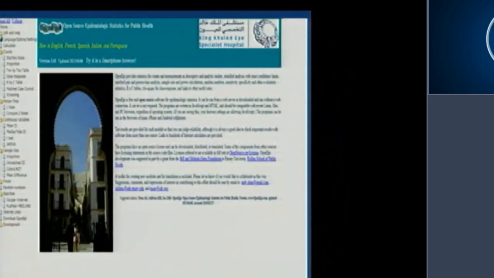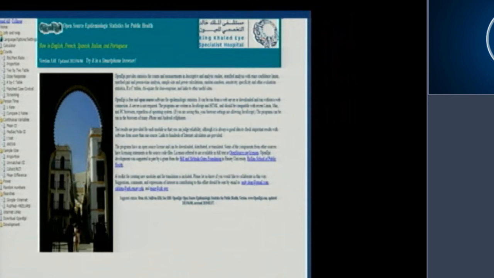I'm putting you one free downloadable software which is there from CDC Atlanta, which will help you as new beginner researcher where biostatistical help is not that easy. And you want to do the basic analysis. This is the software by which you can do some basic analysis by using 2x2 table or by having the sample size calculation.